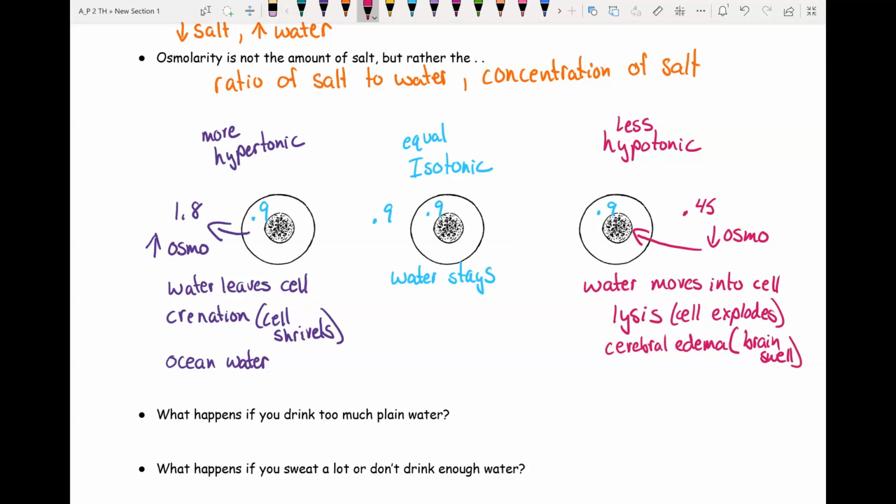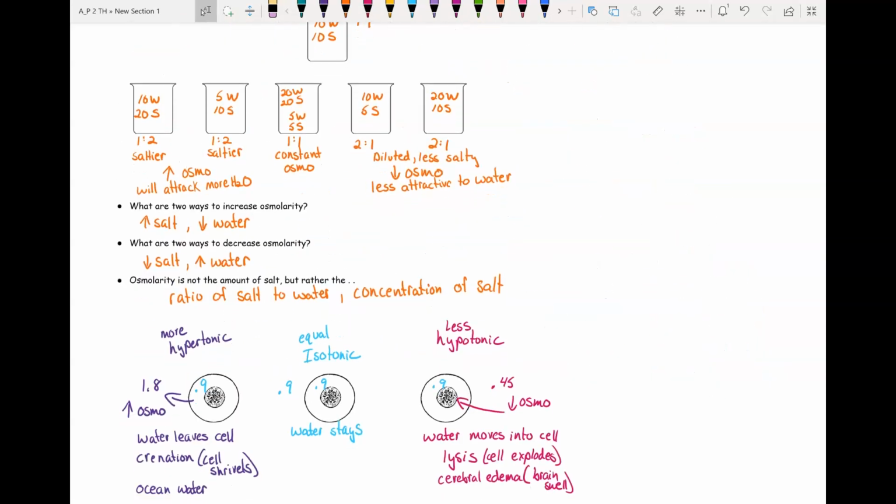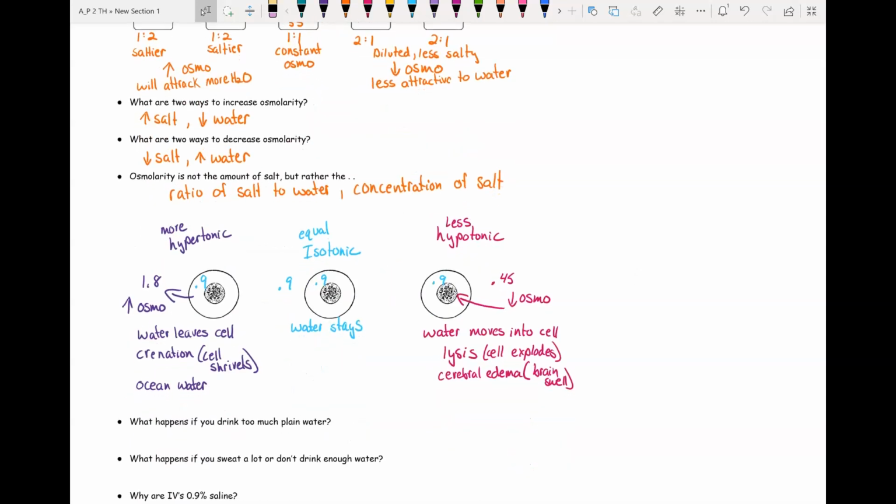So if you relate this to our beakers, the way you would become hypertonic would be by adding more salt or reducing the amount of water. So like I said, with ocean water, it's 3.5% salt. That's adding salt. Or if you're not drinking so that you become dehydrated.